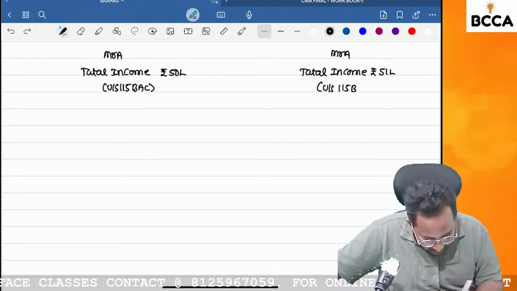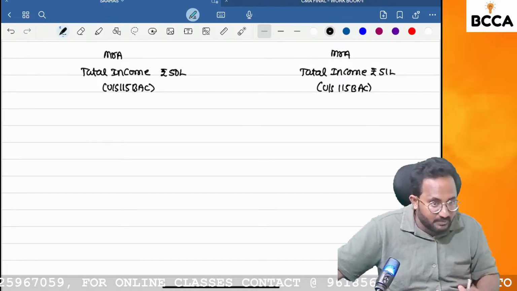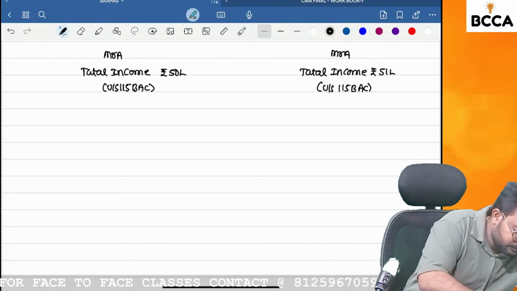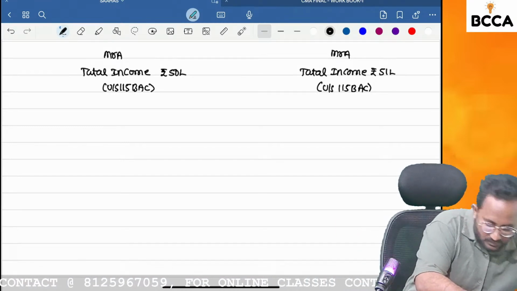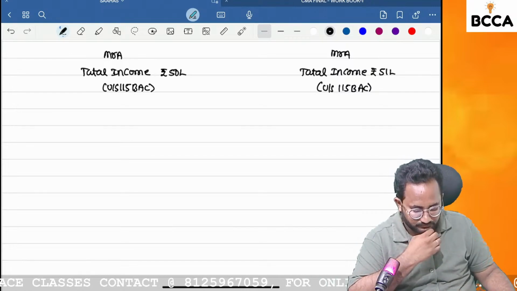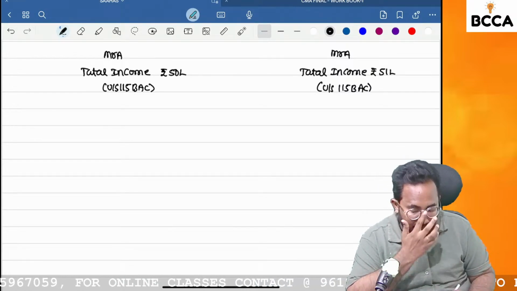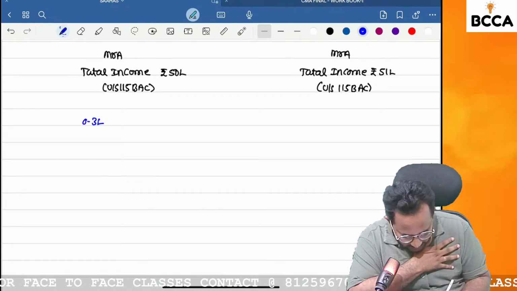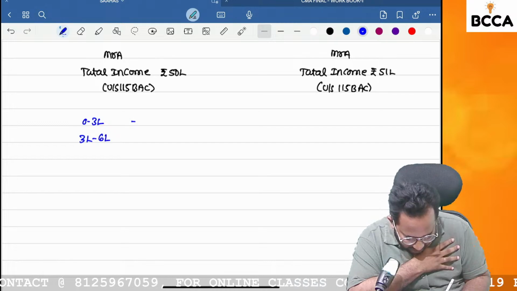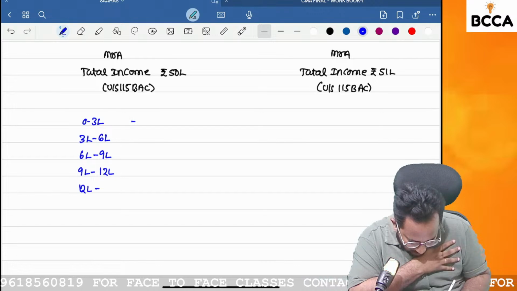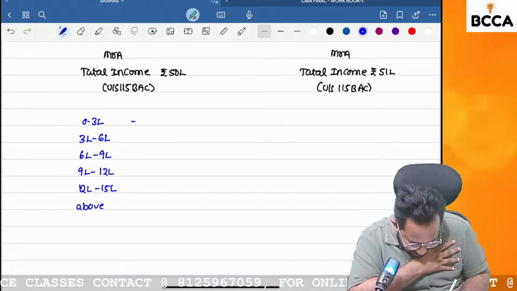So I don't want to calculate once again, I just want to tell you what the change will be. Previously we calculated the tax liability by using the normal tax rate: 0 to 3 lakh nil, 3 lakh to 6 lakh, 6 lakh to 9 lakh, 9 lakh to 12 lakh, 12 lakh to 15 lakh, above 15 lakh.